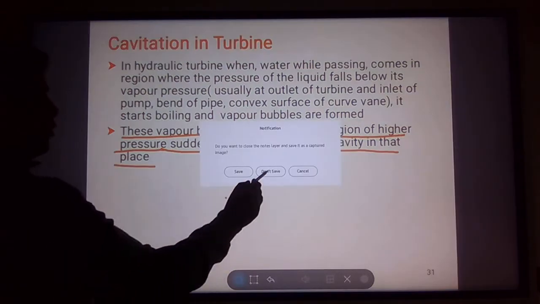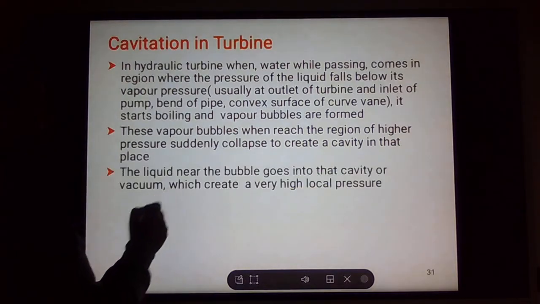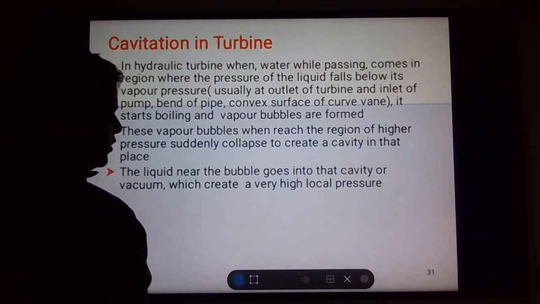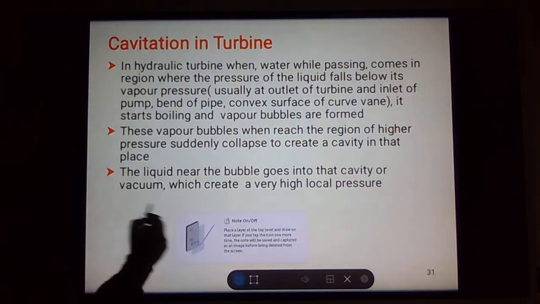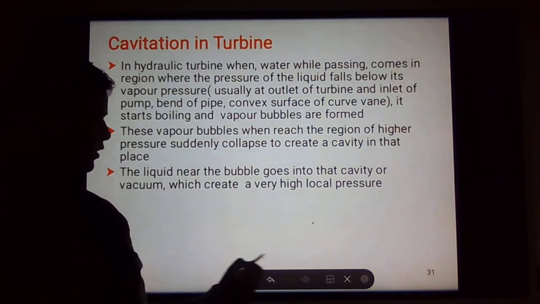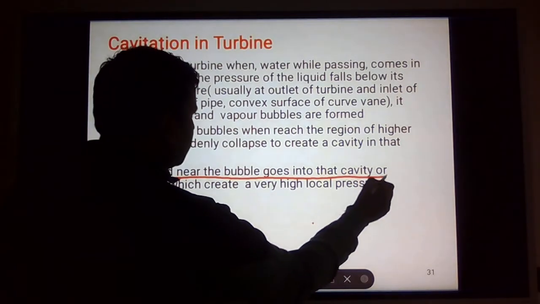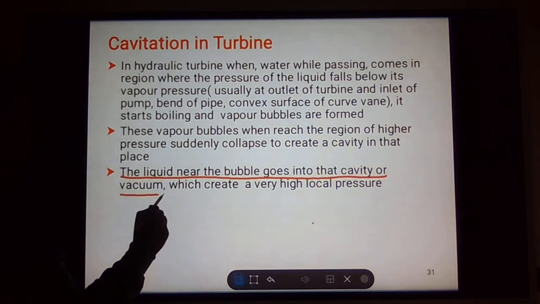Due to that cavity, the liquid near that bubble rushes into the cavity, or that vacuum.